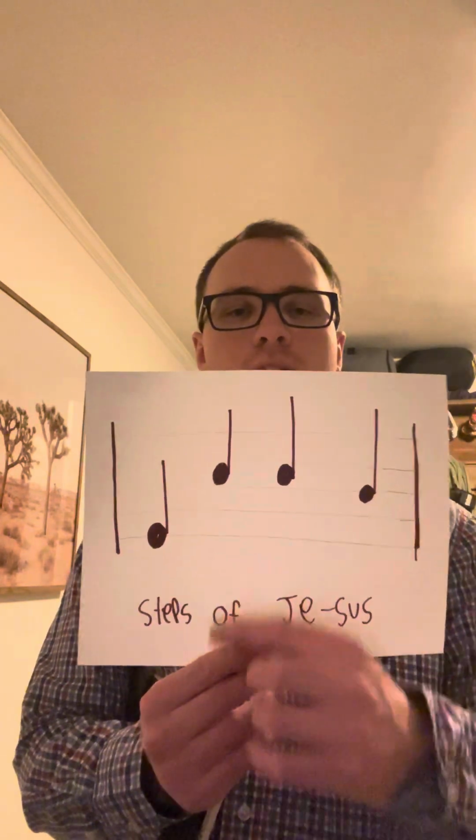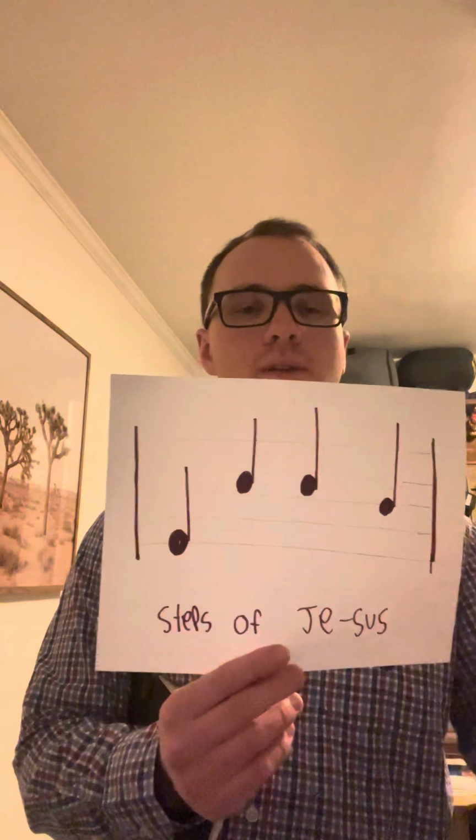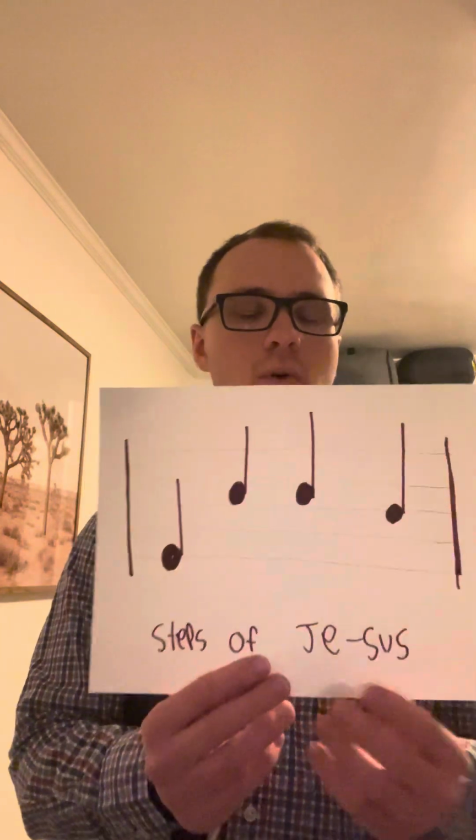So it takes 4 quarter notes to make up a measure. And in this song, in Footprints of Jesus, we say, steps of Jesus, 1, 2, 3, 4. So there's 4 quarter notes that make up that measure. All right, so that's to demonstrate a quarter note.